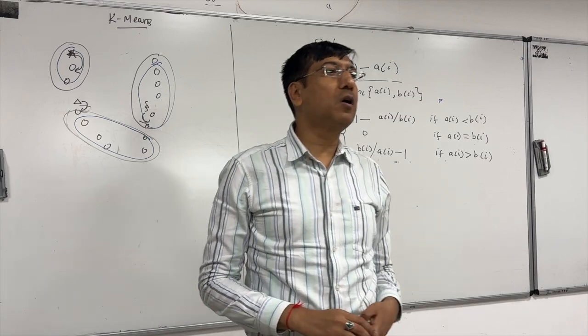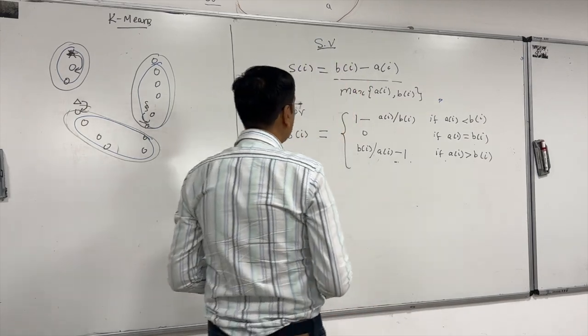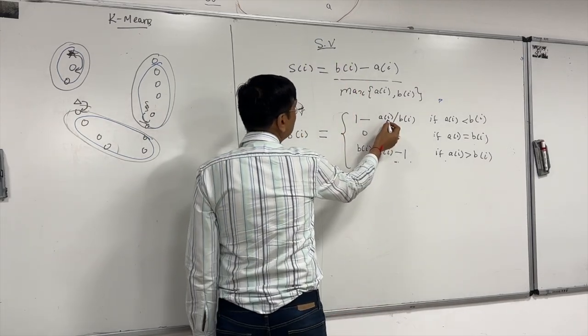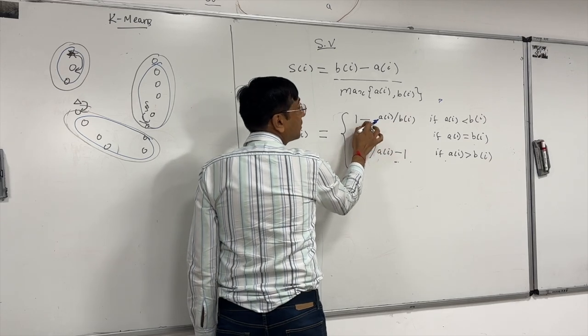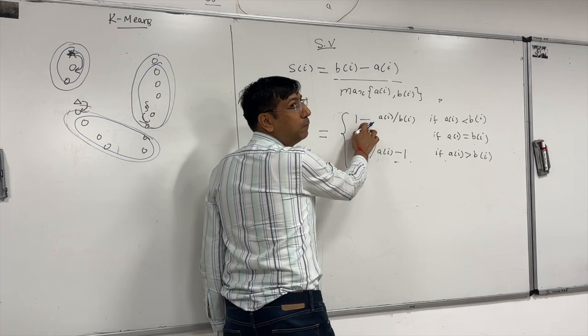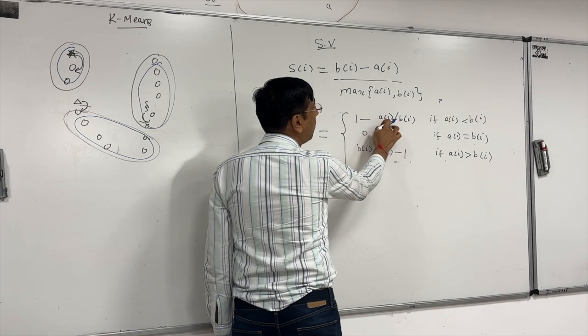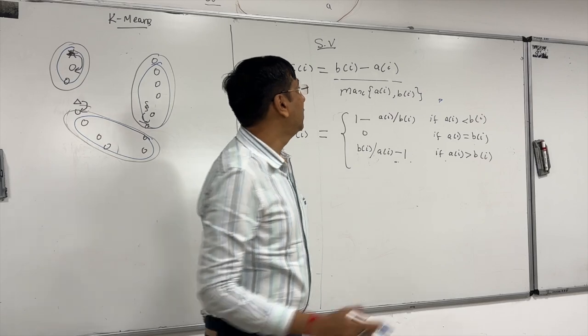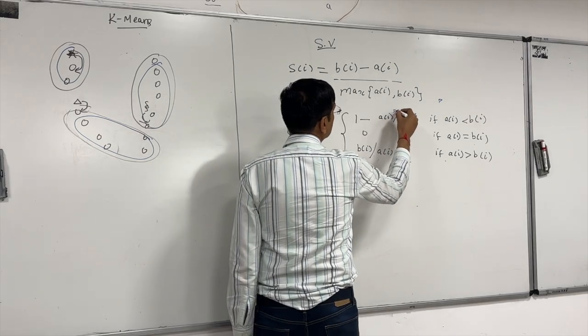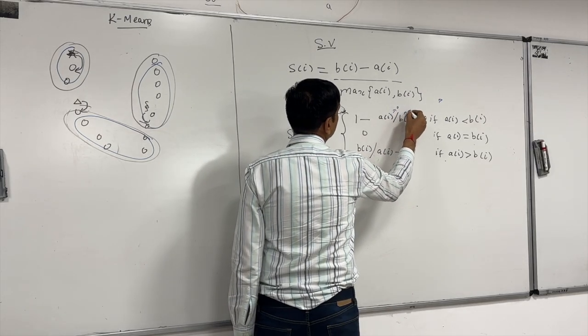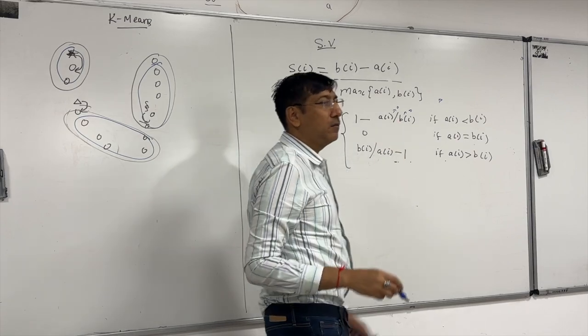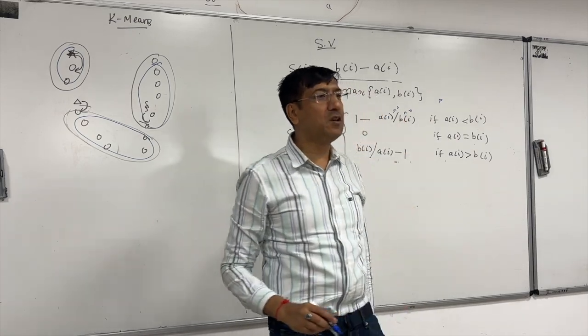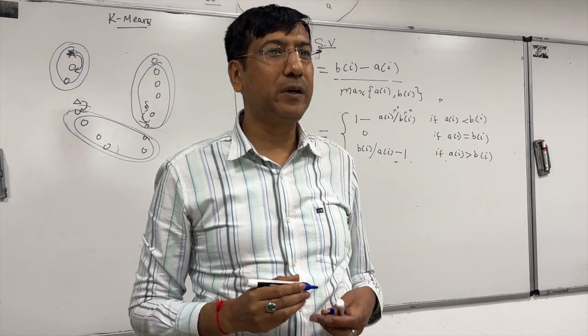Now let's take a look at the first case. When will this be tending towards 1? When Ai is small and Bi is large, correct? When this tends towards 0 and this tends towards infinity, then, or not infinity, because then it would be 0 over 0 and you would start thinking about L'Hopital's rule.